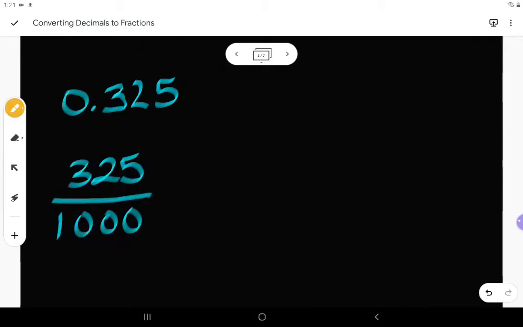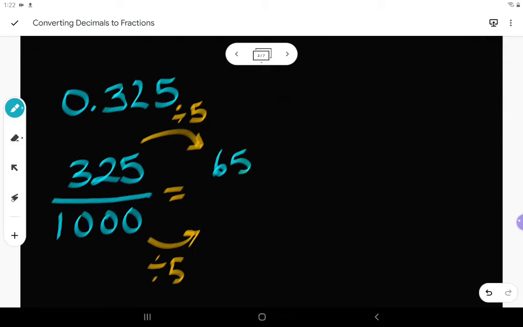All right, we have to put this into lowest terms. I see that both numbers end in a 0 or a 5. That tells me that both numbers are divisible by 5. So I'm going to divide numerator and denominator by 5. 325 divided by 5 gives me 65, and 1,000 divided by 5 is 200, sorry.